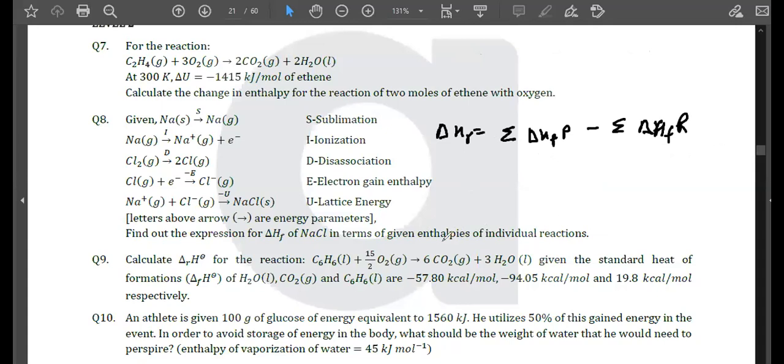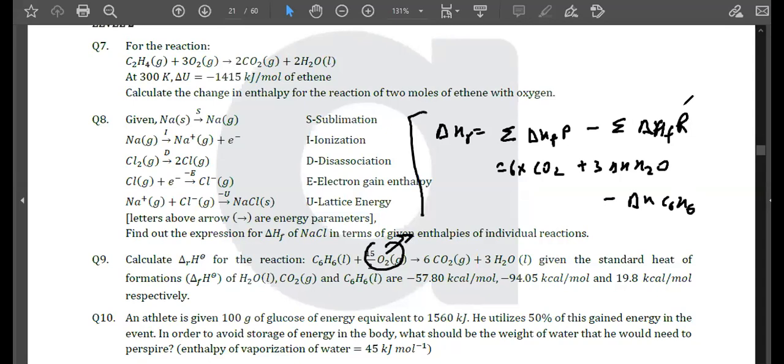Because delta H formation is given, you can just use this formula also. So for product we have 6 into delta H of CO2 plus 3 into delta H of H2O minus delta H of C6H6, because O2 is in its elemental, free state.